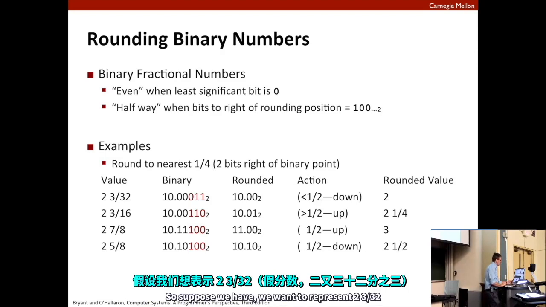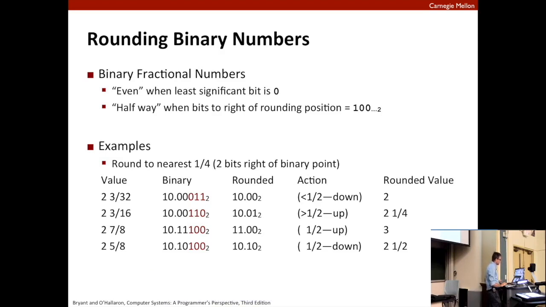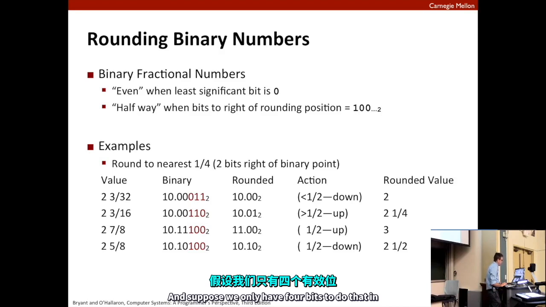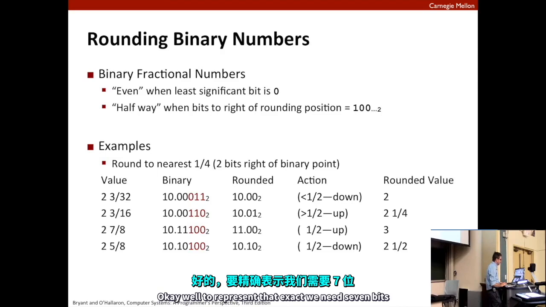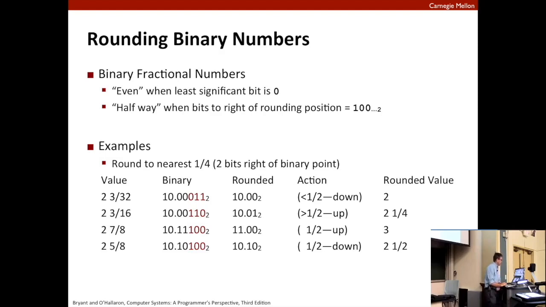Suppose we want to represent 2 and 3/32nds, and suppose we only have 4 bits to do that in. To represent that exactly, we need 7 bits, and so we have to round.